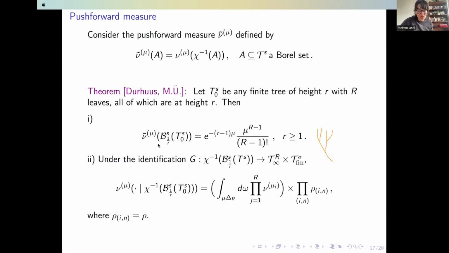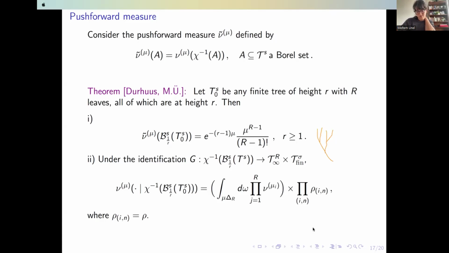And then I look at the ball around it, which means all the trees that have only infinite type vertices in the set TS of spinal trees. And I look at the volume of this ball under this push forward measure, and I get this expression.